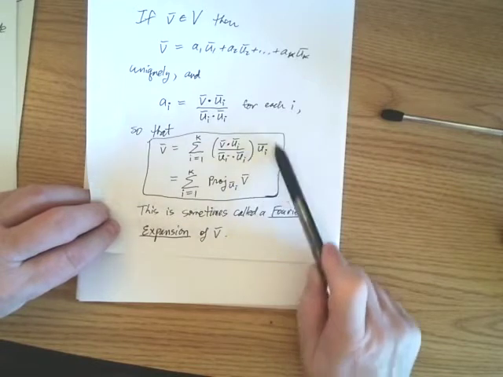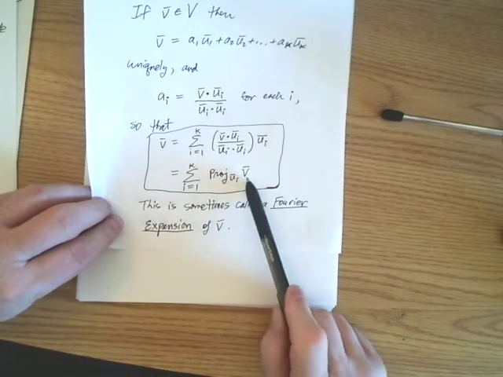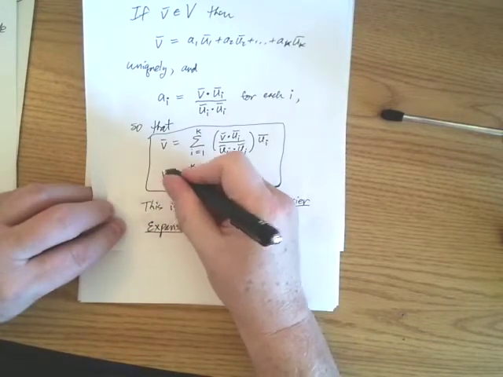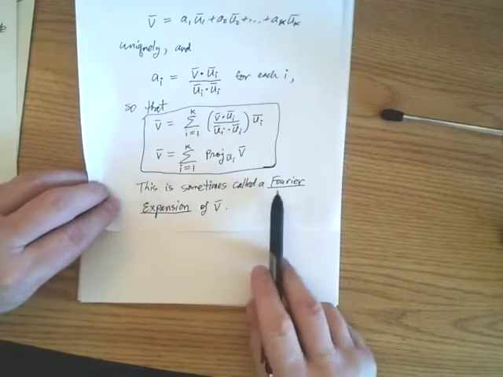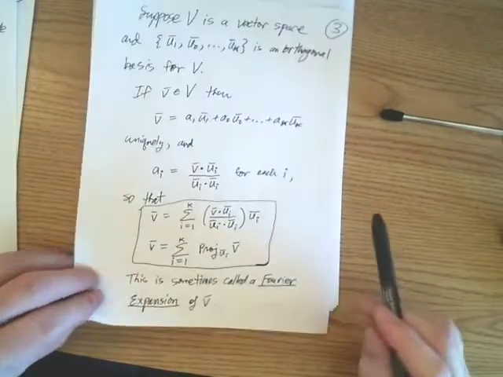You should from the previous chapter. That is the projection onto u sub i of the vector v. So v is actually this. This is sometimes called a Fourier expansion of v, a Fourier expansion in terms of an orthogonal basis. So there it is.